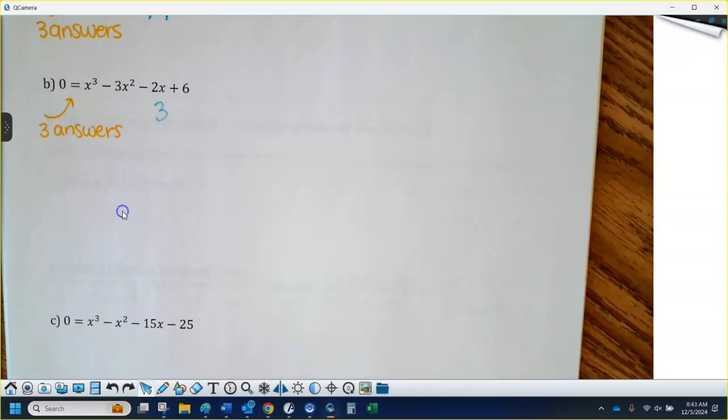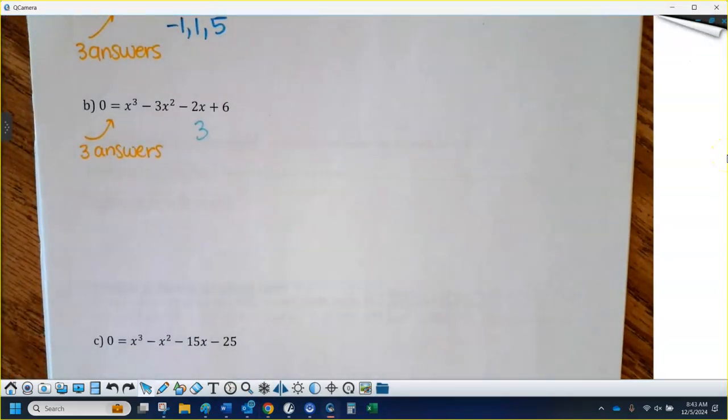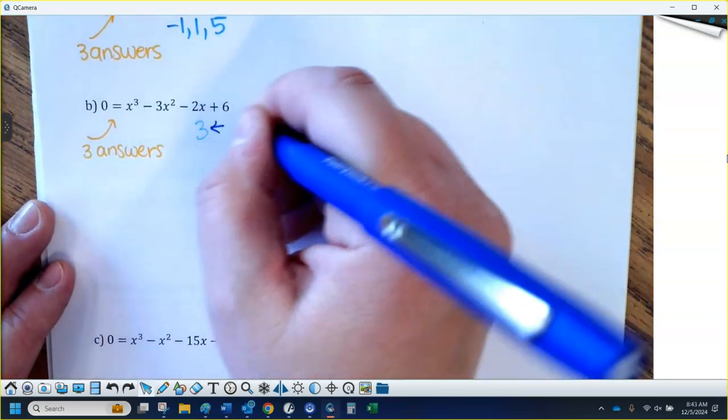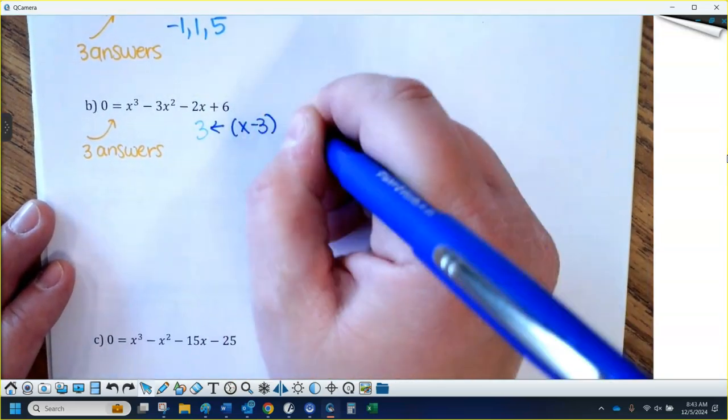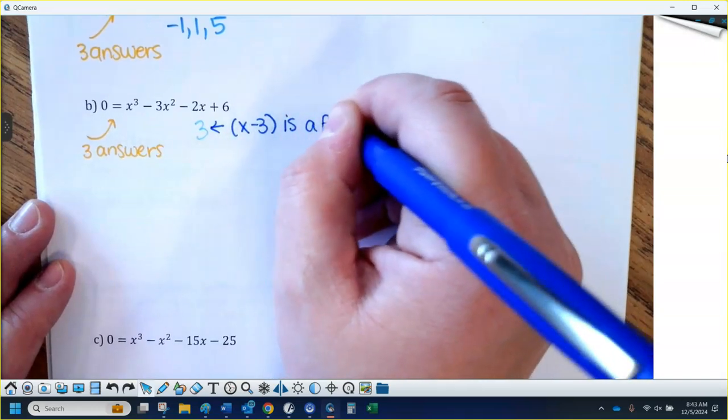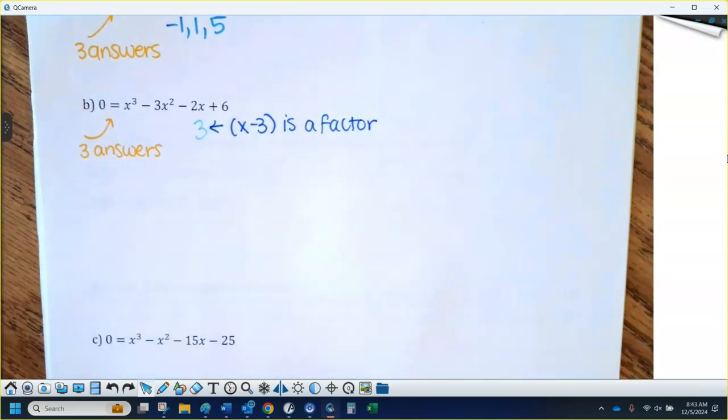Let me just go over to my note paper real quick. I want to try and write the exact answer that I had there. If I know 3 is a solution, which I do from the graph, how could I use that to help me maybe break the polynomial down? Exactly. So if 3 is an answer, that means x minus 3 is going to be a factor of that polynomial.